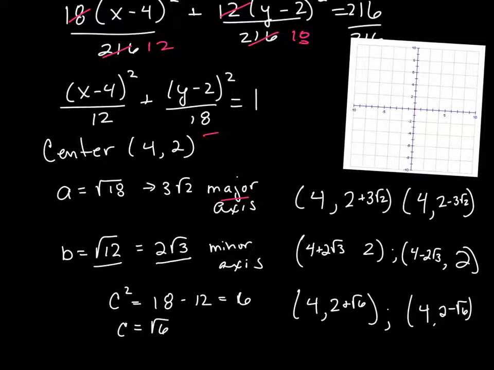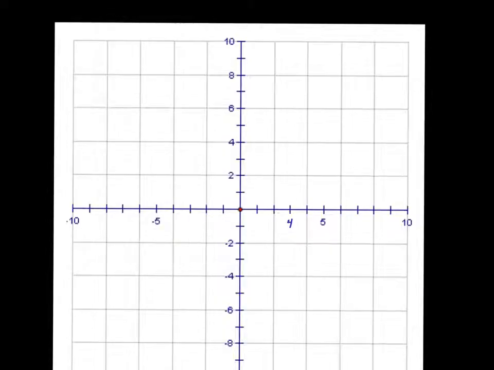So now that I have all of the vertices, co-vertices, and foci, I'm going to go ahead and graph the ellipse. So the center of the ellipse is at 4, 2. To graph the vertices, I need to graph the value of 4, 2 plus 3 square root of 2. 2 plus 3 square root of 2 is approximately equal to 6.2.